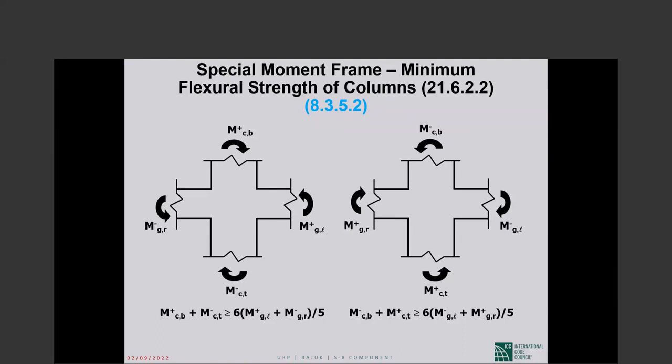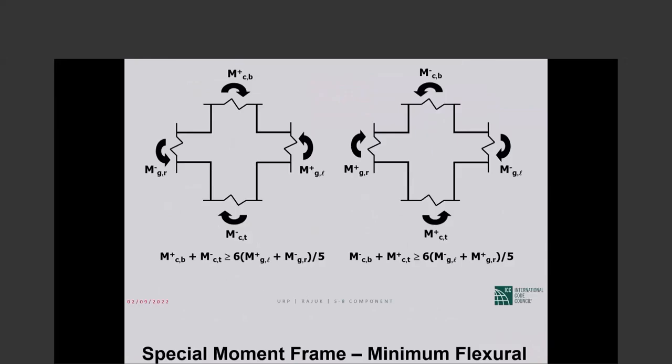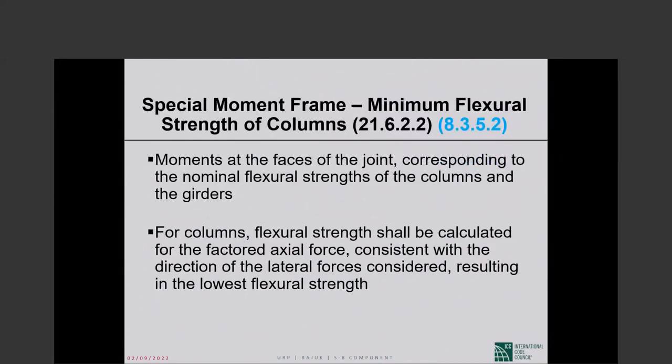That is because beams are easier to repair than columns are. Columns are extremely difficult and expensive to repair. So we want the columns to remain elastic far into the earthquake excitation. If inelastic deformations need to develop, they should develop in the beams. Okay.